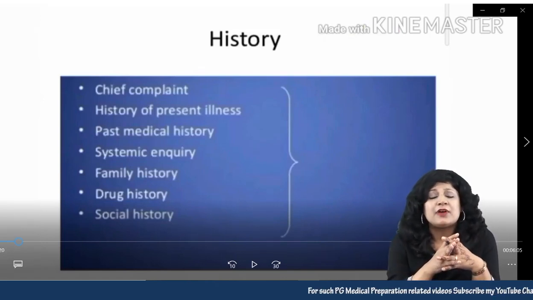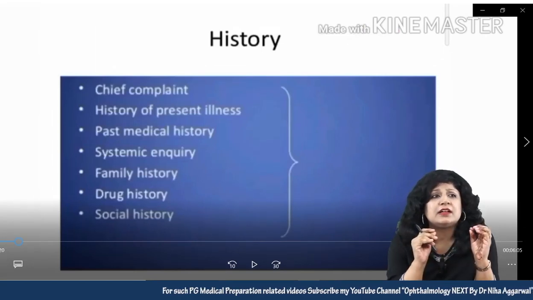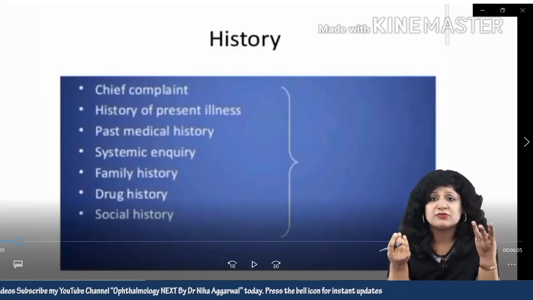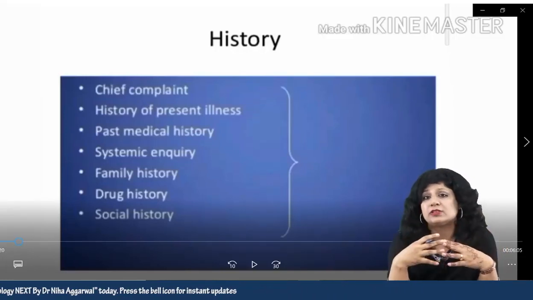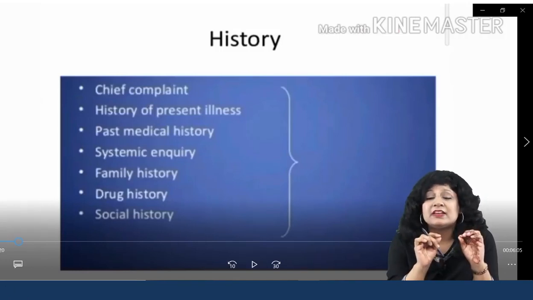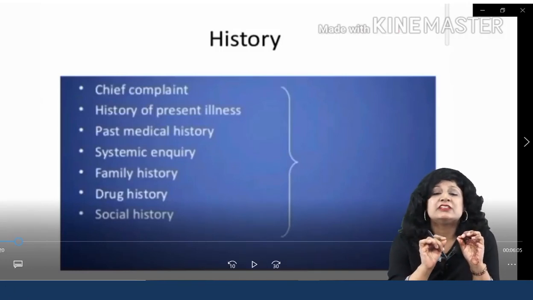So you will find certainly that there are one or two chief complaints, or at the most three chief complaints, which are actually responsible for bringing the patient to you. So you have to be very, very specific when you are writing the chief complaints.